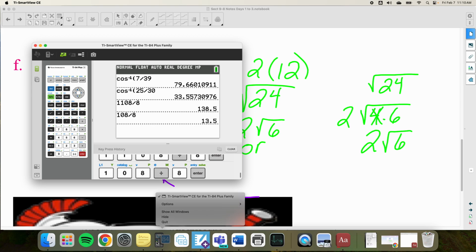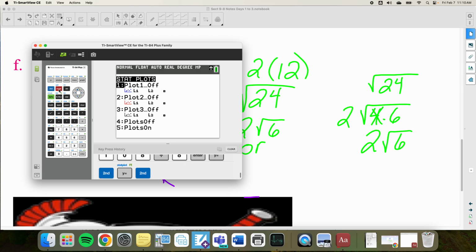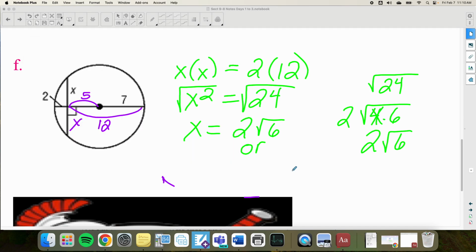But if you know what you're doing and you want to, you certainly can do that. All right, so if I go square root 24, it would be 4.9, okay? So I can say this would be 4.9.